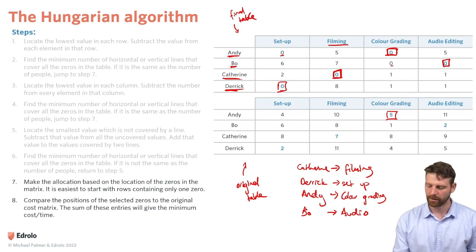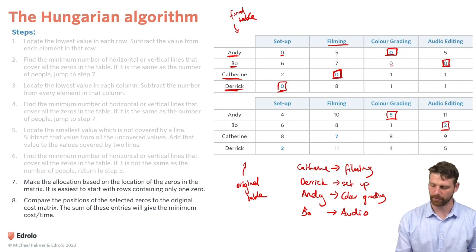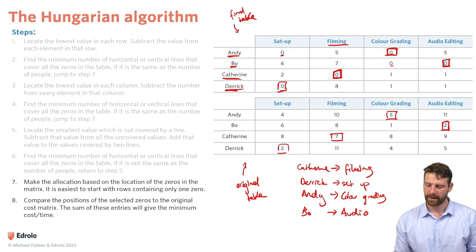So we just match that position on the original table. So Bo will do audio editing for 2, Catherine will take filming for 7, and Derek will take setup for 2. And if we add those weights together, we get the total cost or total time for the project.